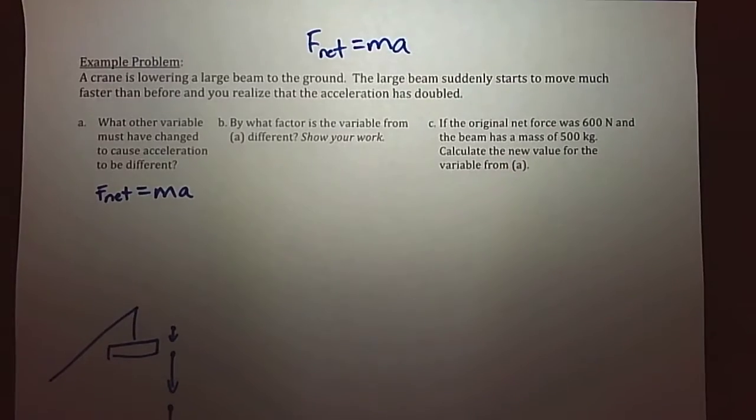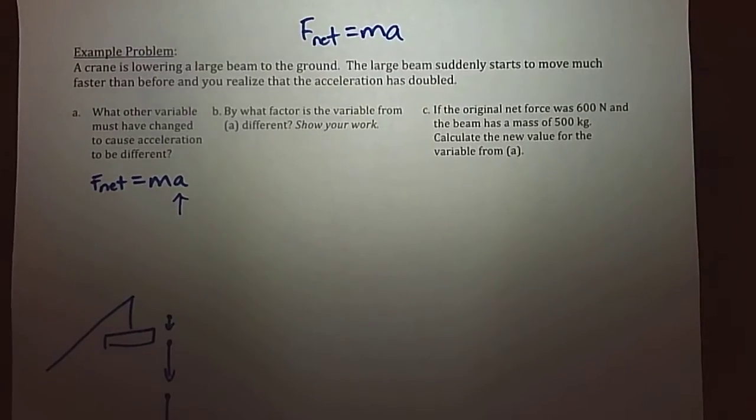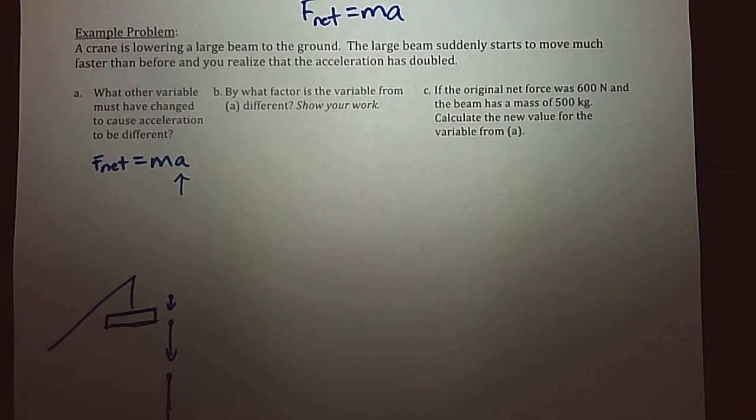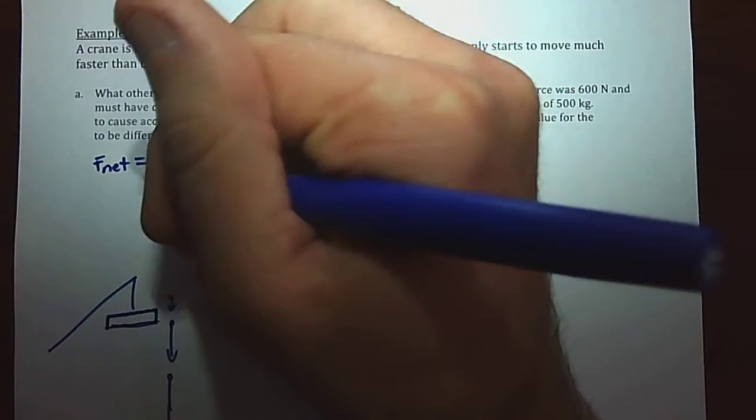And the best way to figure out what other variable is changing besides acceleration, and we know acceleration is increasing, is to look at what other variable is the same. One thing I'm noticing is that it's the same beam that is moving, right? And so just by traveling faster, the mass didn't change at all. So my mass is staying the same.